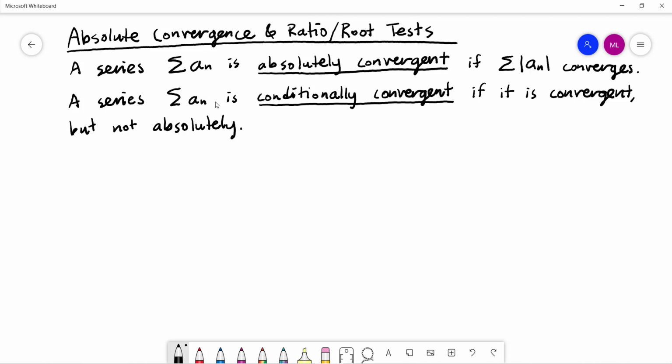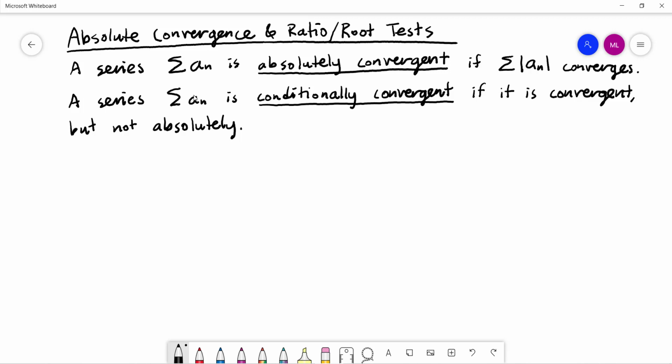Essentially what this boils down to is a distinction that the alternating series test brought up. We said that for the alternating series to converge, all that's required is that the subsequent terms in the series, negating the -1 to the n term, the thing that makes it flip signs back and forth, as long as the a sub n or b sub n of the series goes to 0, the whole thing will converge.